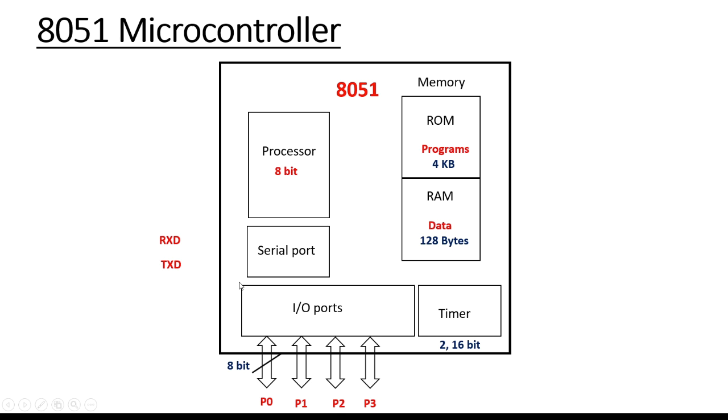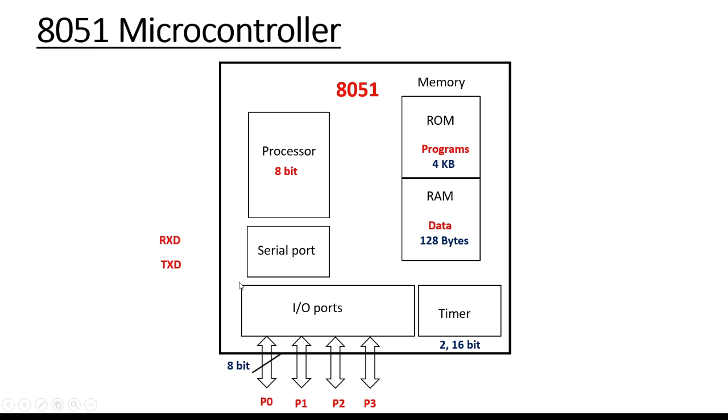Since each timer is 16-bit, the range of the timer goes from 0000 to FFFF. So we have 65536 pulses which can be counted by the timer, approximately 65,000.